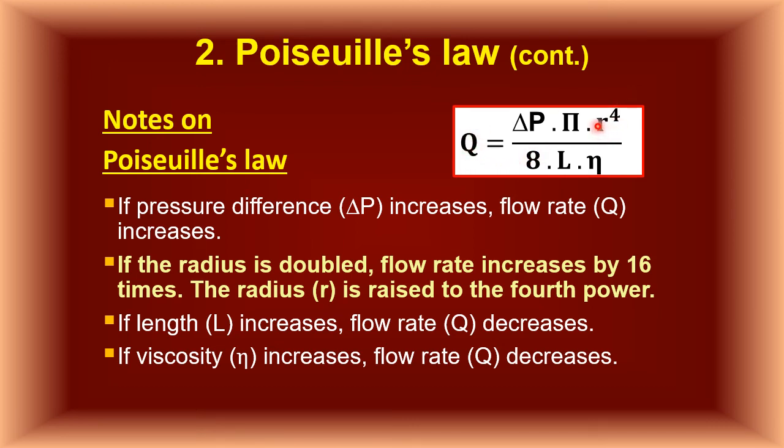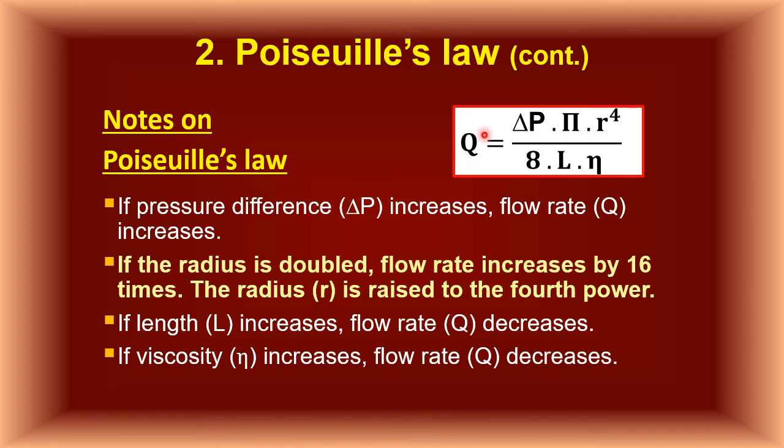Radius doubled means times 2, but here it is to the fourth power, so it's not only times 2, it's times 2 times 2 times 2 times 2. If I double the radius of the vessel, the amount of blood flow will increase because they are directly related.